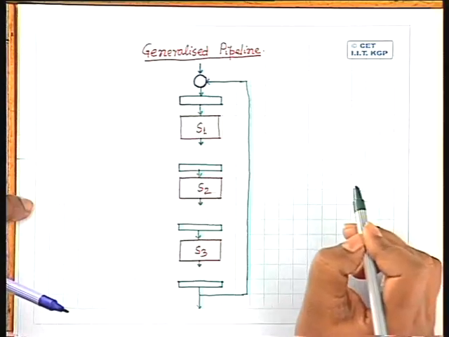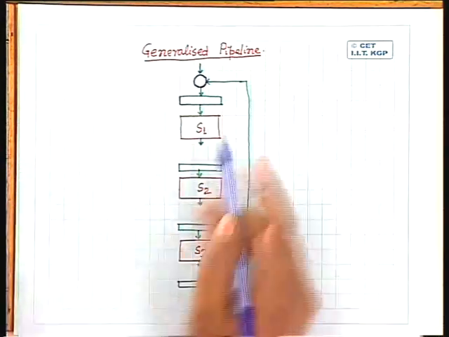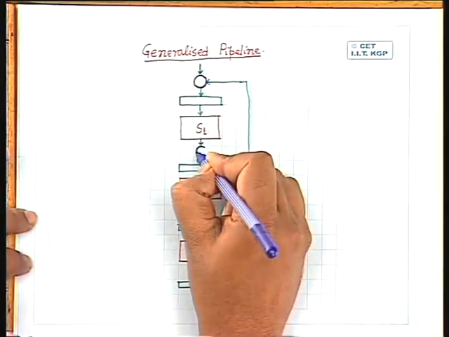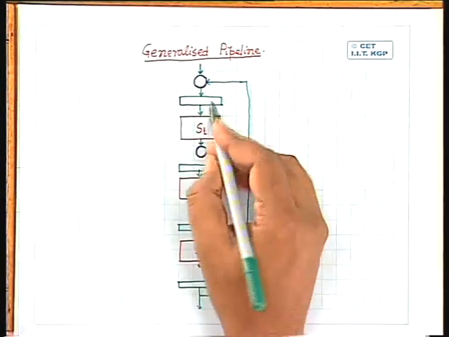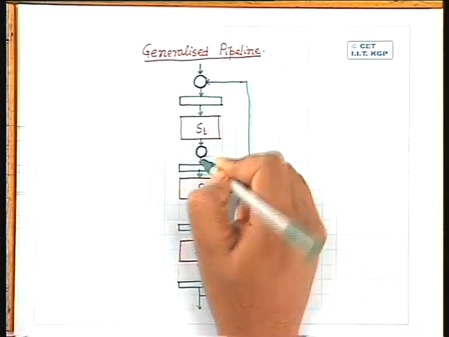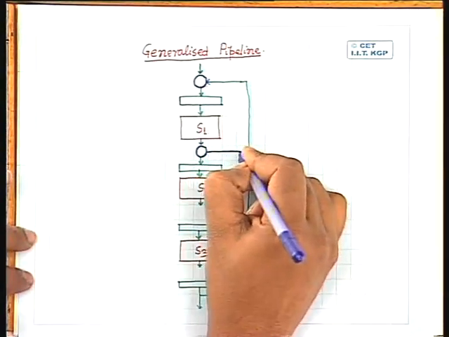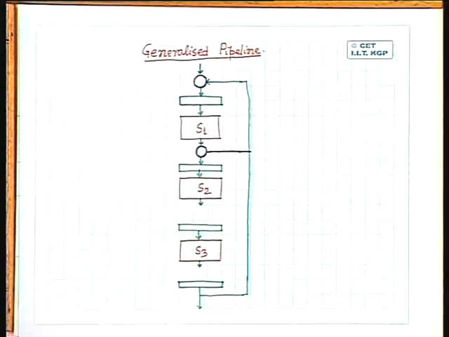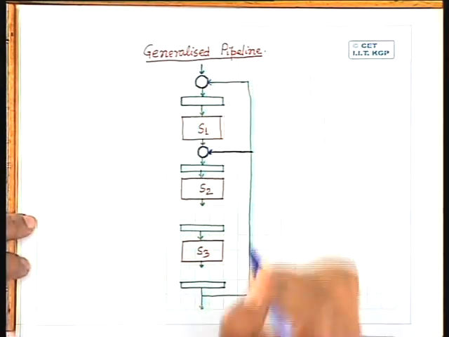Similarly, I will also put a multiplexer here, that is, the input to S2 can also come from the output of S3. So like this.